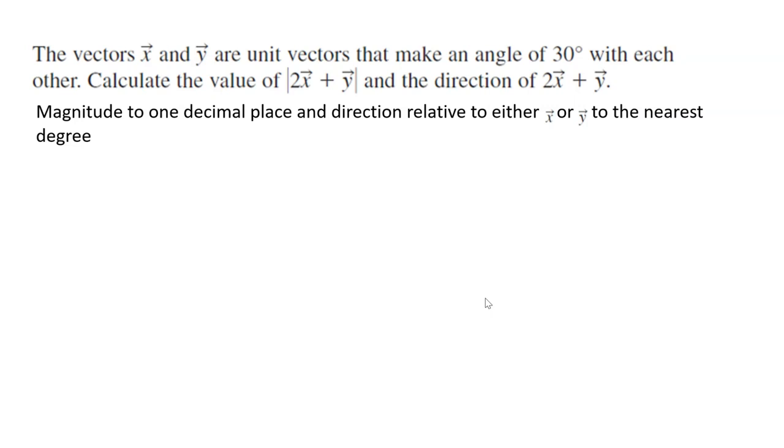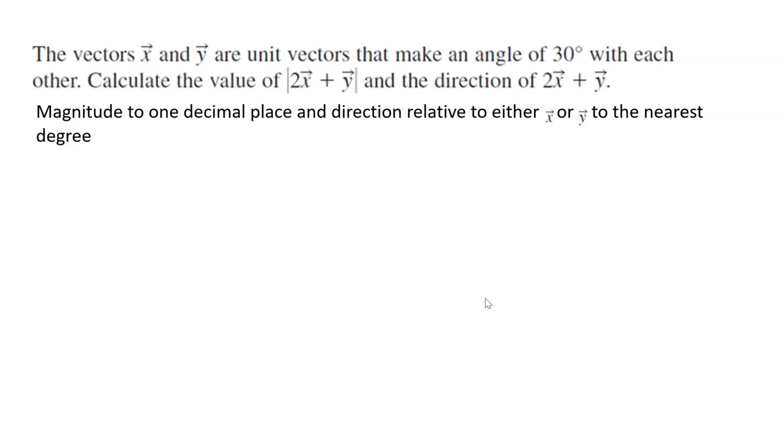What's the value of the magnitude of 2x plus y and the direction of 2x plus y? Give the magnitude to one decimal place and the direction relative to either vector x or vector y to the nearest degree.